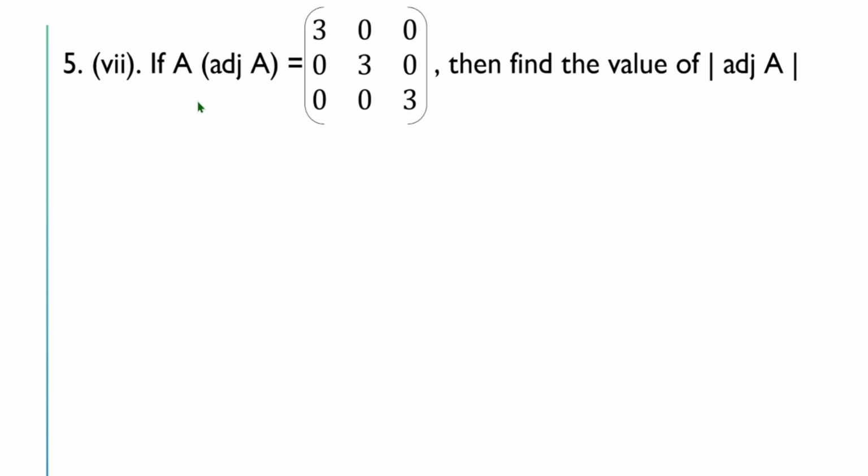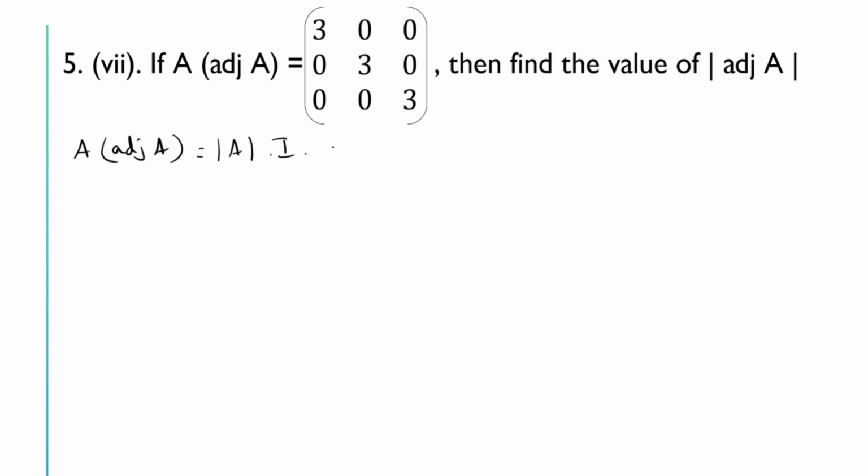If A into adjoint of A is equal to the matrix 3, 0, 0, 0, 3, 0, 0, 0, 3, then find the value of determinant of adjoint of A. Now, we have seen under results that A into adjoint of A is equal to determinant of A into I. So it is given A into adjoint of A is equal to this matrix 3, 0, 0, 0, 3, 0, 0, 0, 3.